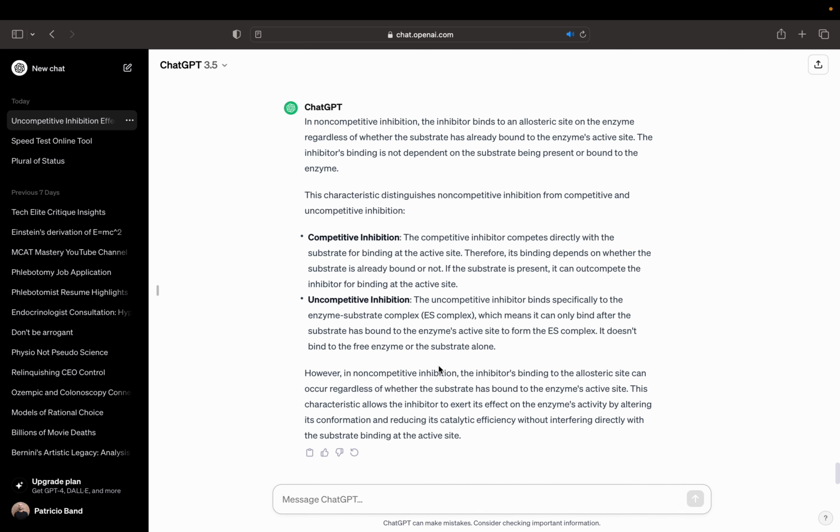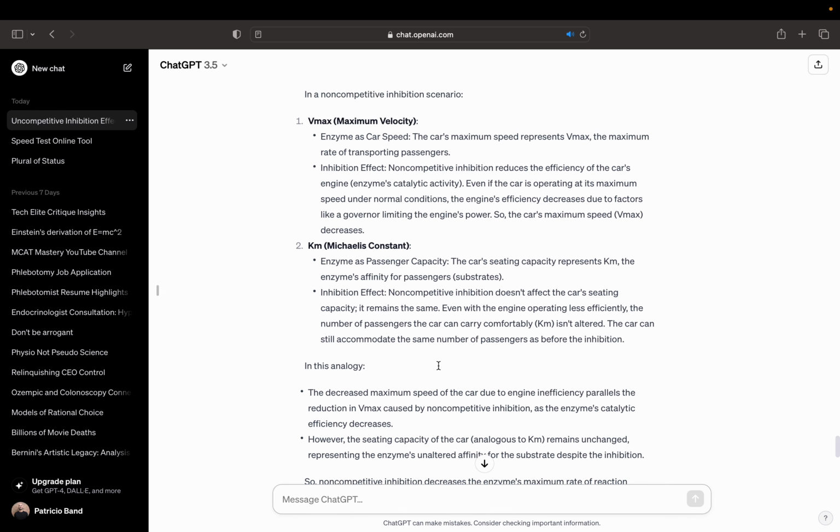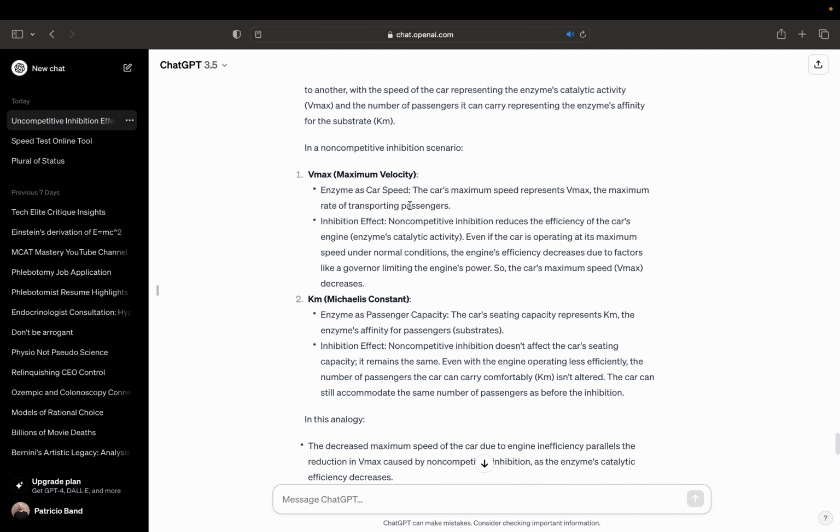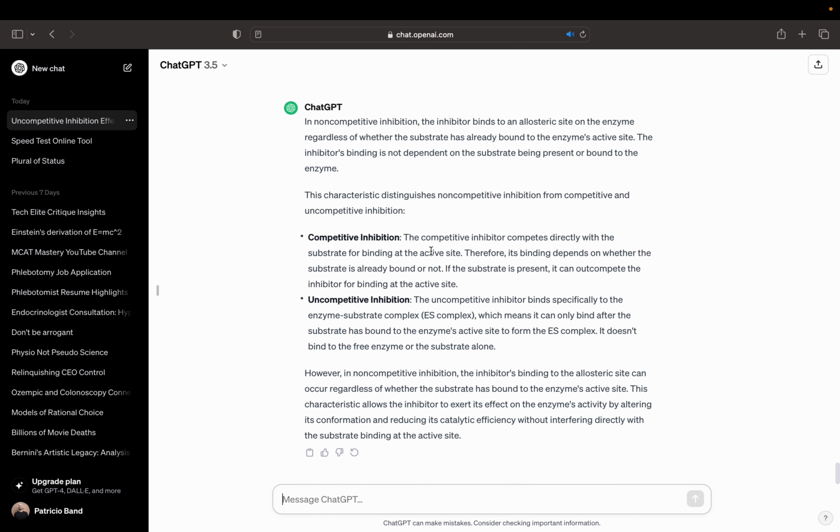So some of those seats are unavailable. It's the car speed. Like you literally, the engine. I'm starting to like the engine analogy better because in normal conditions, you're playing with the engines, right? The conformation.